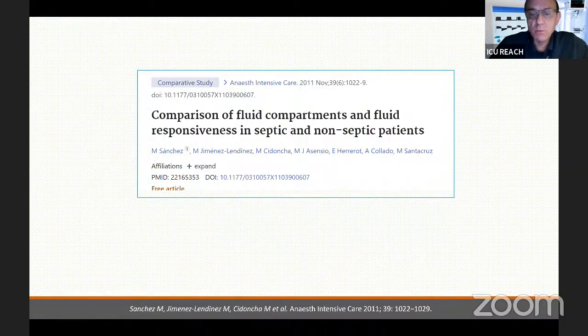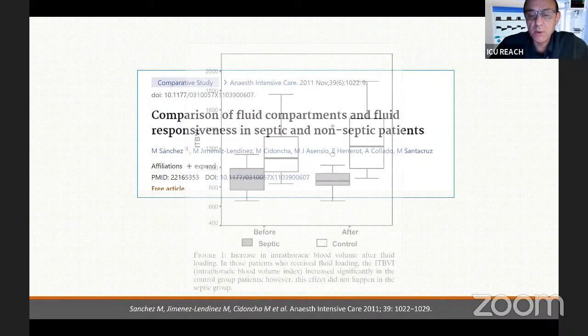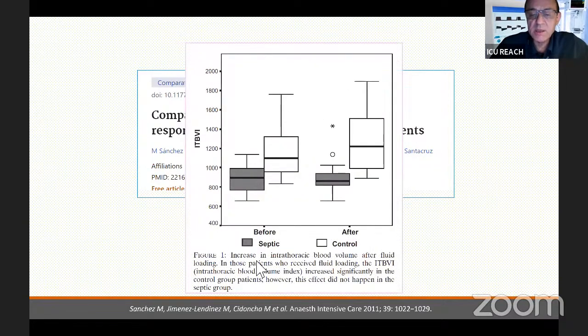And in a study that compared patients with sepsis and septic shock and no septic shock, who were given fluid boluses, you can see that the intrathoracic blood volume increased in those patients who were not septic. However, in patients with septic shock, the intrathoracic blood volume did not go up.